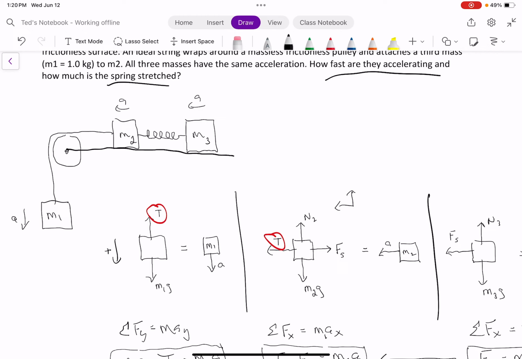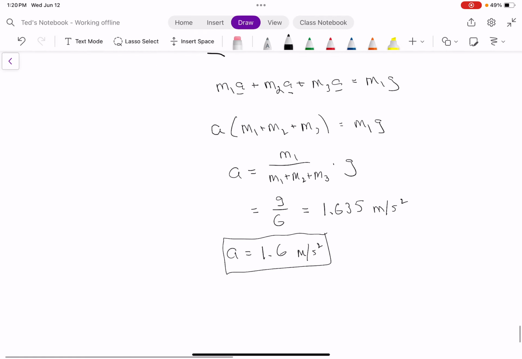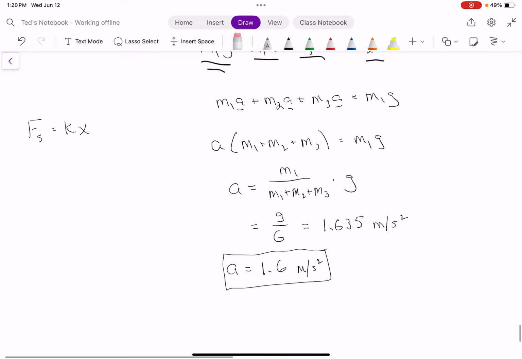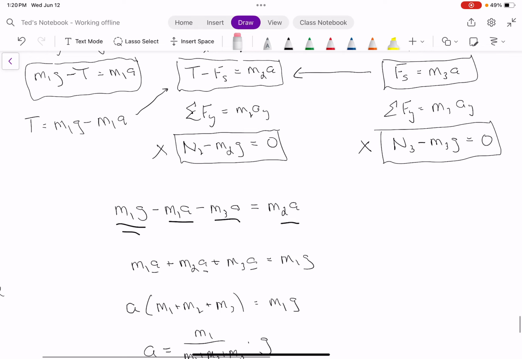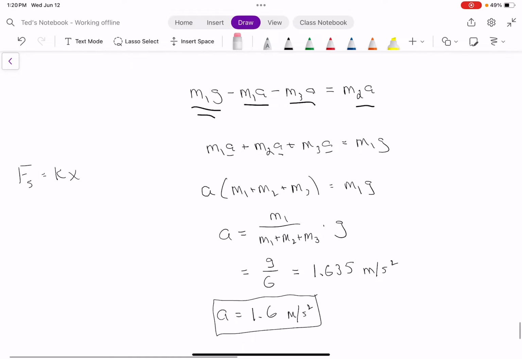The second question is, how much is the spring stretched? Now, what I know about springs is that the force of the spring is equal to kx, where k is the spring constant of the spring, and x is how much it's stretched. So looking way back, we found out that our spring force should be equal to m3a.